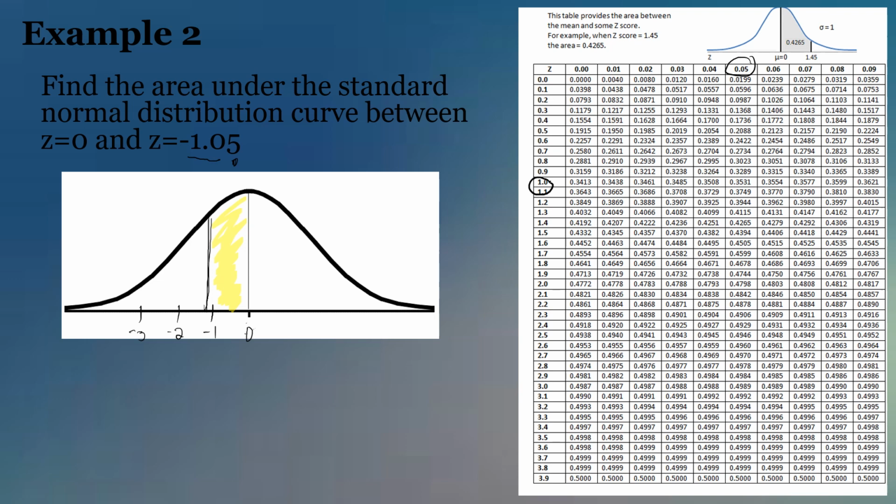Then, tignan kung nasaan yung kanilang intersection. Okay, so yung kanilang area is 0.3531 or 35.31%. Okay, so yung area ng ating z-value na between 0 and negative 1.05 is equal to 35.31%.